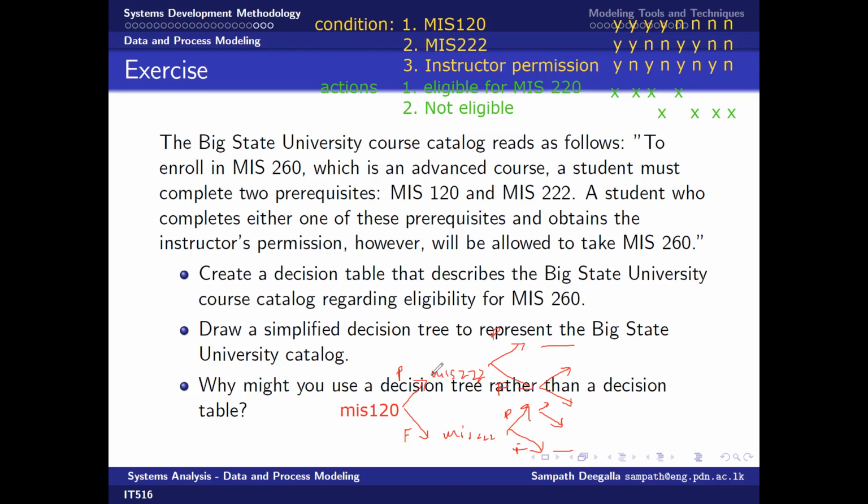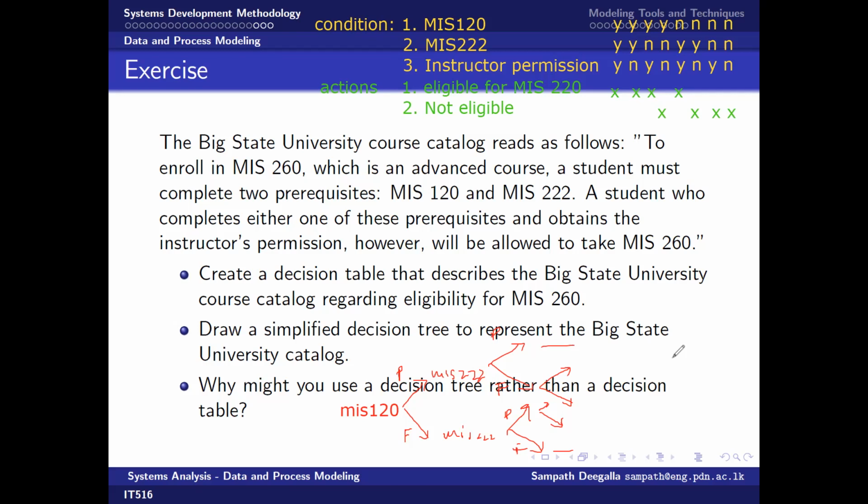Then for both cases, I will put MIS 222. Again, pass fail, pass fail. So when you have pass, then you can directly say eligible. Fail, fail, then you can say not eligible. And when you have pass and fail, only for those cases, you can put instructor permission, yes and no. And whenever you get instructor permission, you can say eligible, right?